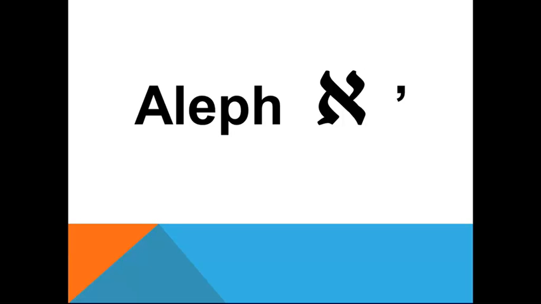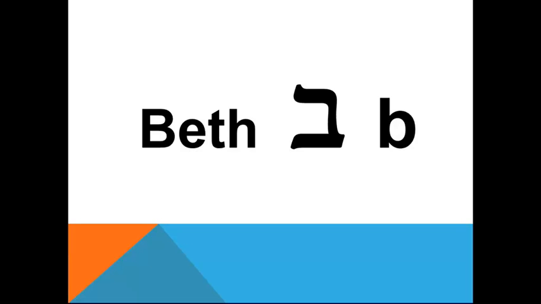So Aleph is the first letter of the Hebrew alphabet, and there's no English letter like it. Beit is the second letter. You notice it doesn't go A-B. Aleph is not an A. The Hebrew language largely only writes what are called consonants.